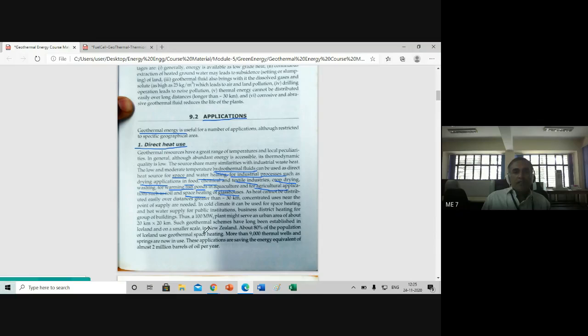One example is a 1000 megawatt plant might serve an urban area of about 20 kilometers by 20 kilometers. Such geothermal schemes have long been established in Iceland, and on a smaller scale in New Zealand.